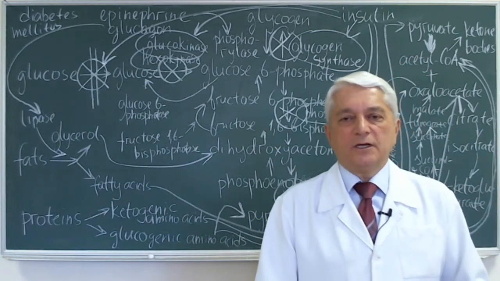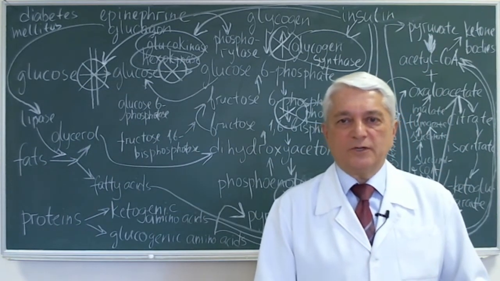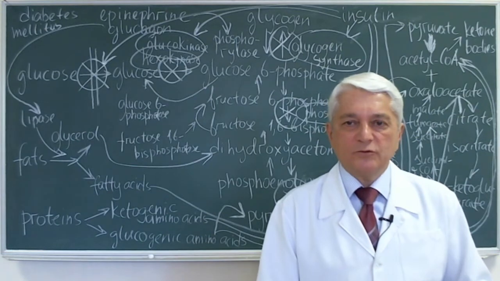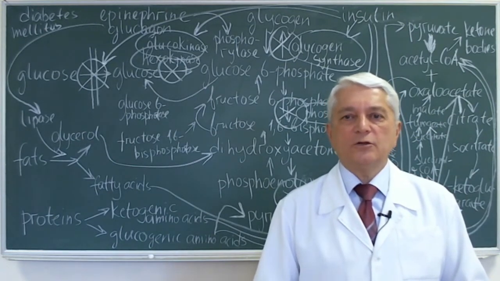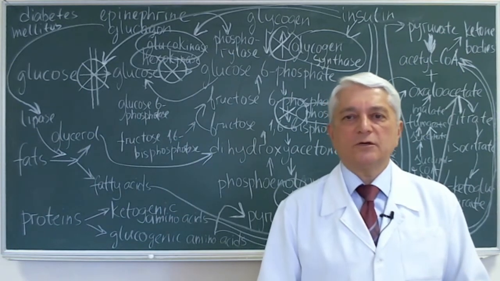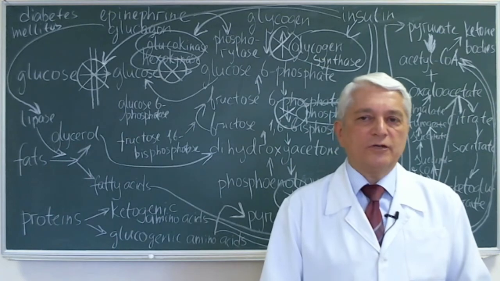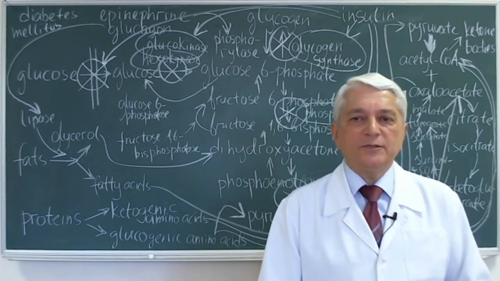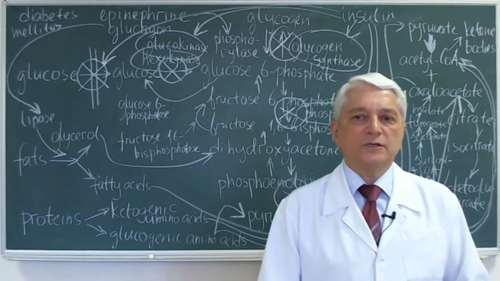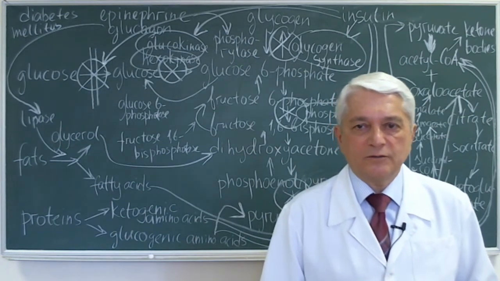You must know very well that the primary symptom is polyuria, producing a lot of urine, because the organism must take away a high concentration of glucose. And polydipsia, drinking a lot of water, is a secondary symptom.